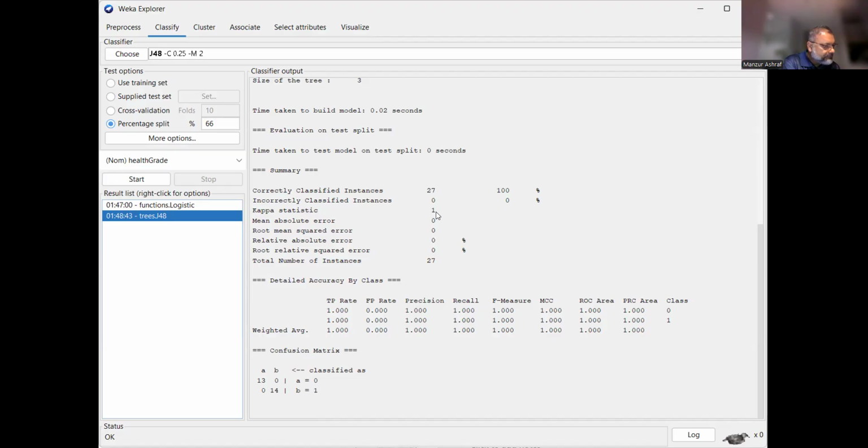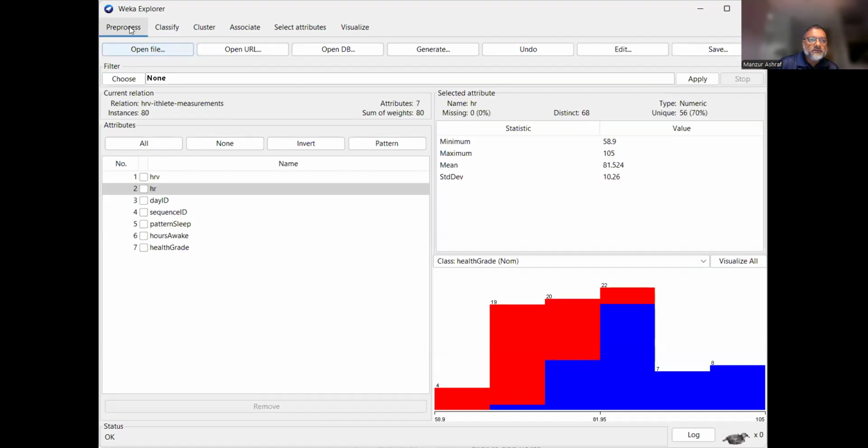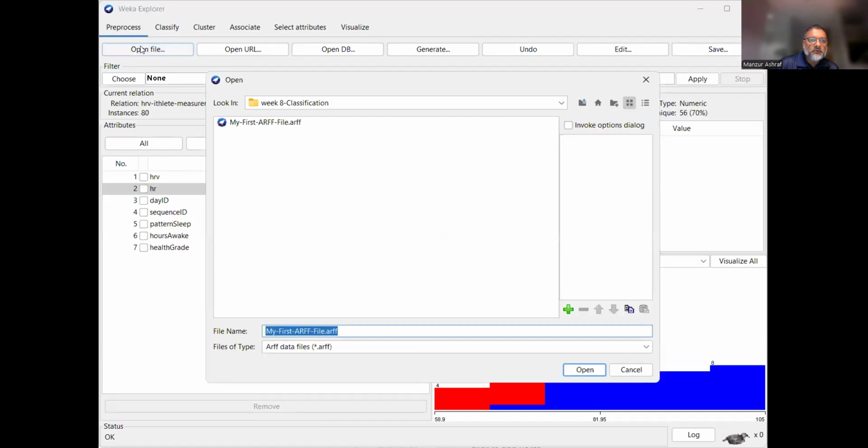Okay. So let's see with other algorithms. For example, if I go to pre-process, I can open the file.